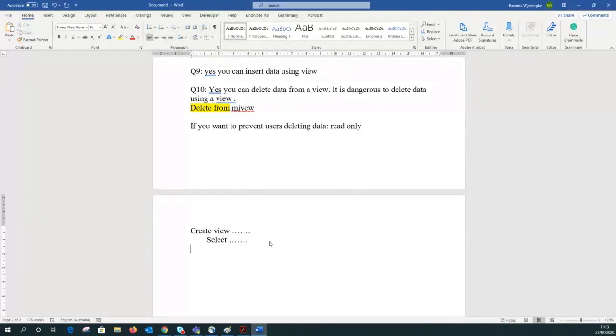At the final row, we write, say for example, select from some table name, and then we finally write with read only. If you put this statement, then you can prevent people from deleting any data using the view.